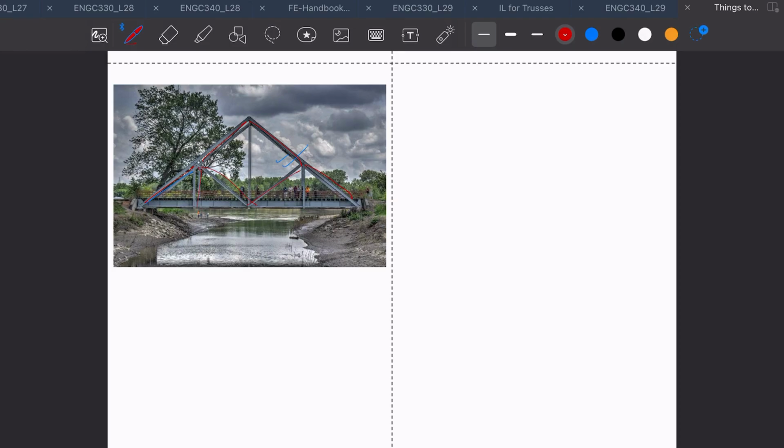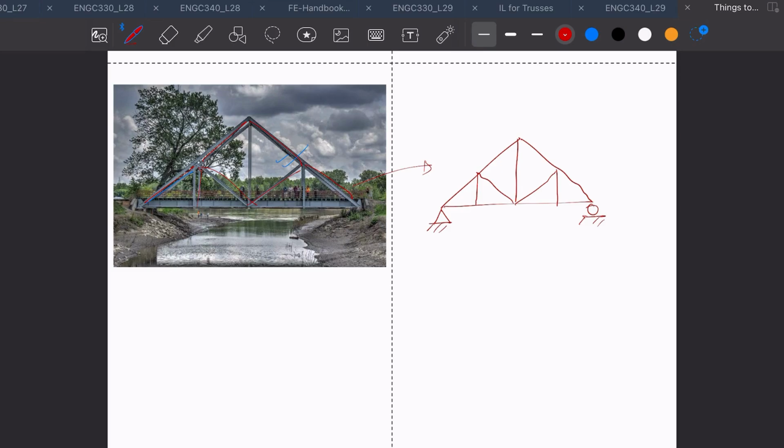So when you join a structural analysis class or a statics class, you get excited about taking the classes, and then you will see that this 3D truss bridge can be idealized or simplified as a 2D, and you'll see that this is a pin and this is a roller, and then we have all the members connected.